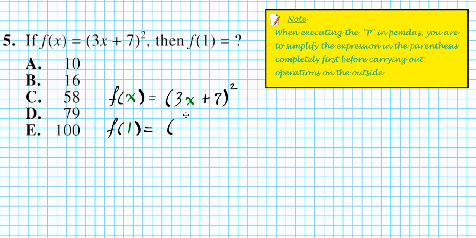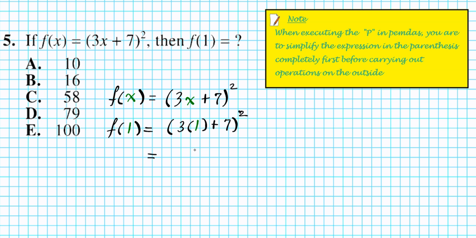So (3(1) + 7) squared, remember we talked about this earlier, always using parentheses when you're making substitution. It's a good practice to avoid making mistakes. All right, so that is what f of 1 is. Replace all the x's with 1. Now, order of operations, you want to simplify this completely first before you start dealing with the square on the outside. Okay, so let's go ahead and do that.